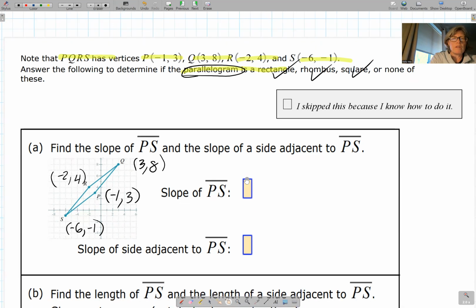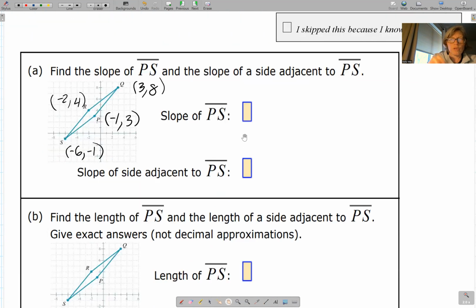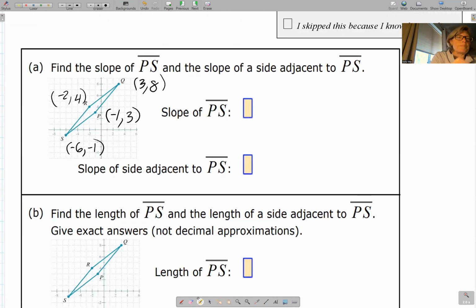All right. So you're starting with the fact that it is a parallelogram. We're going to find the slope of PS and then adjacent. Adjacent means next to. And so it doesn't matter which way we go, as long as it's next to. I'm going to go this way. Set up a template.